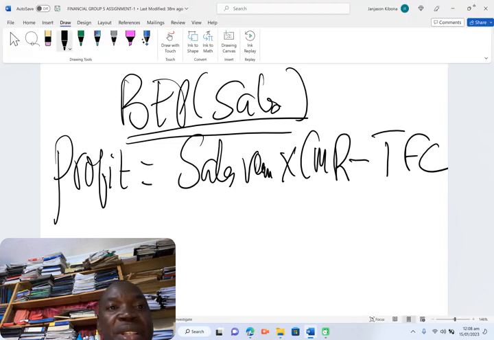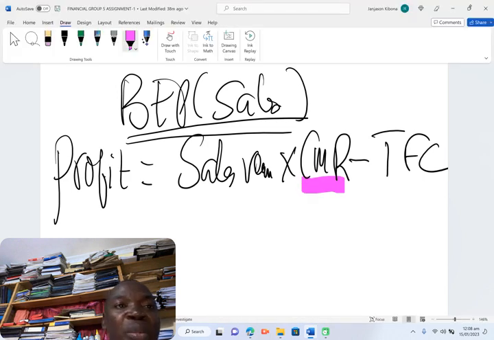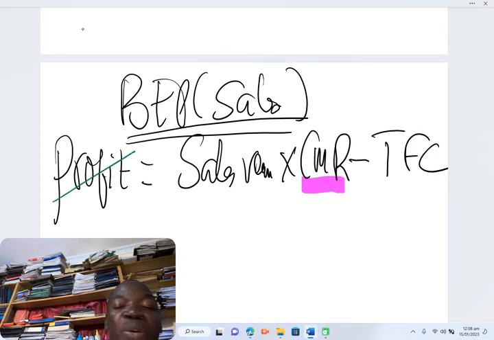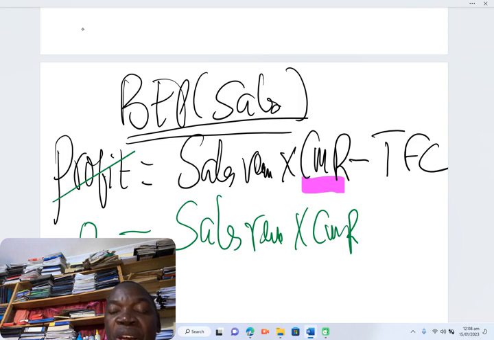At this point, remember, this item is also known as CM ratio. Now, break-even point, you take profit equals 0. So 0 equals sales revenue times CMR minus total fixed cost.